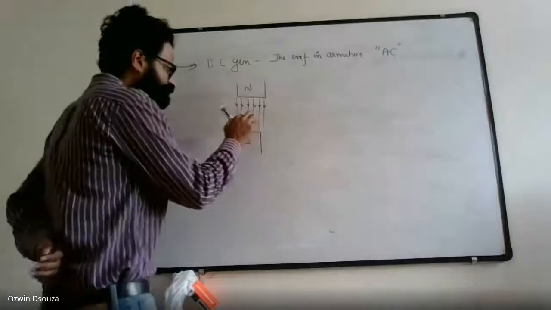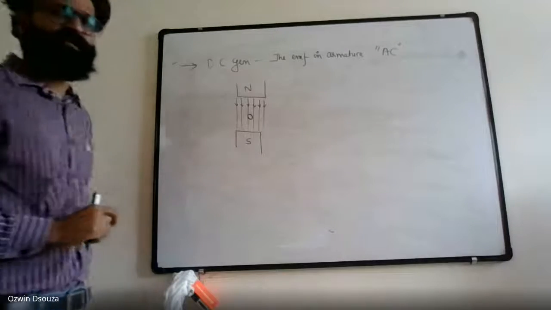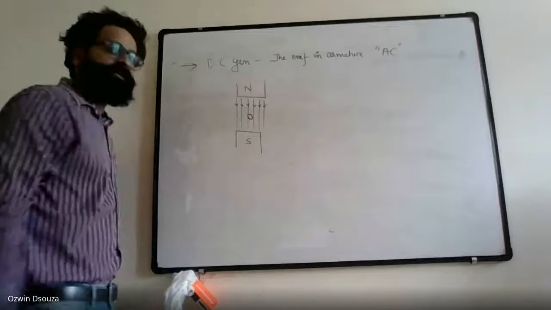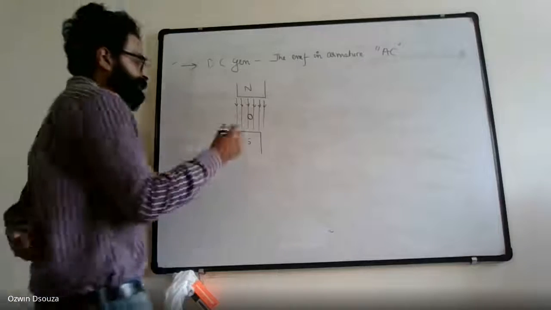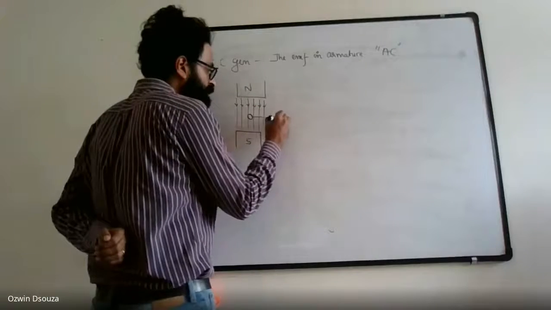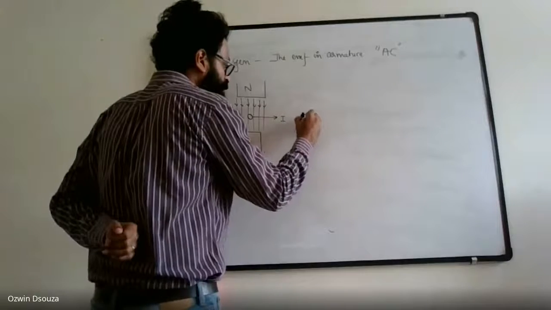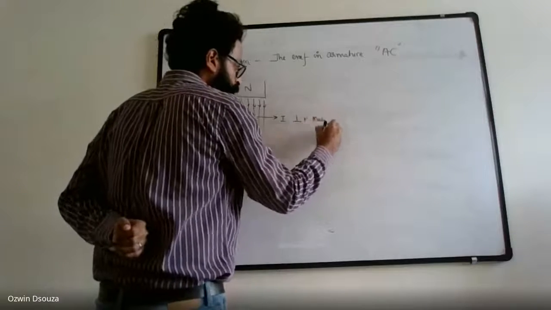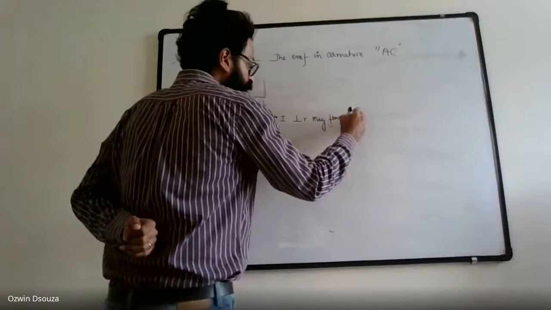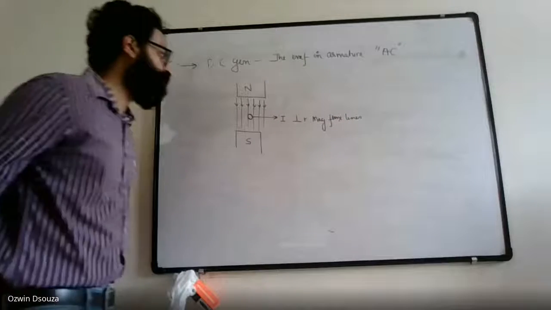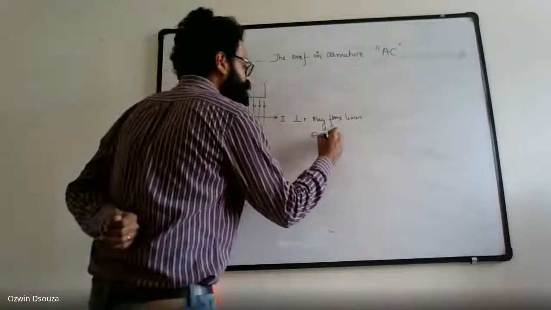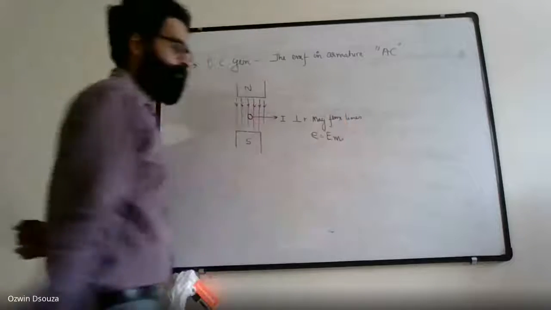Now, here field system is stationary and conductor is allowed to move. Now, let's say if the conductor moves in direction 1, that is perpendicular to magnetic flux lines, the induced EMF E is maximum.